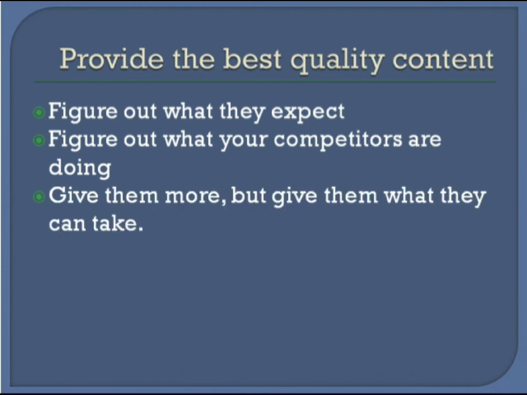Your goal is to give them more quality content. Now, your competitors might have a lot of content, but that doesn't necessarily mean it is quality content. So figure out what kind of quality content your competitors are providing and then give them more. But give them what they can take. Find that fine line and give them enough quality content that they're going to be happy.